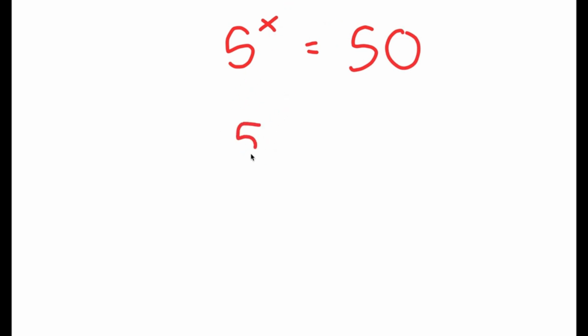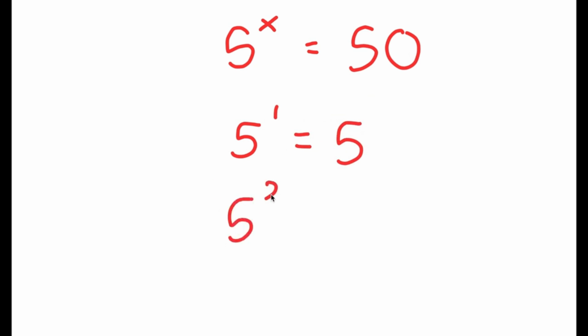Alright, so in this video, I'm going to be solving the equation 5 to the power of x is equal to 50. To first start with this problem, let's test different values of x. If x is 1, then I get 5 to the power of 1, which is equal to 5. And this is too low.